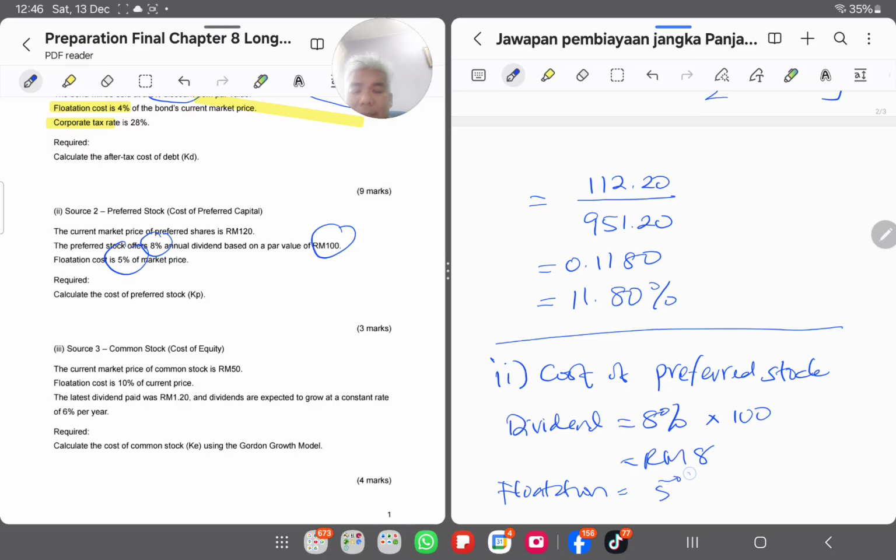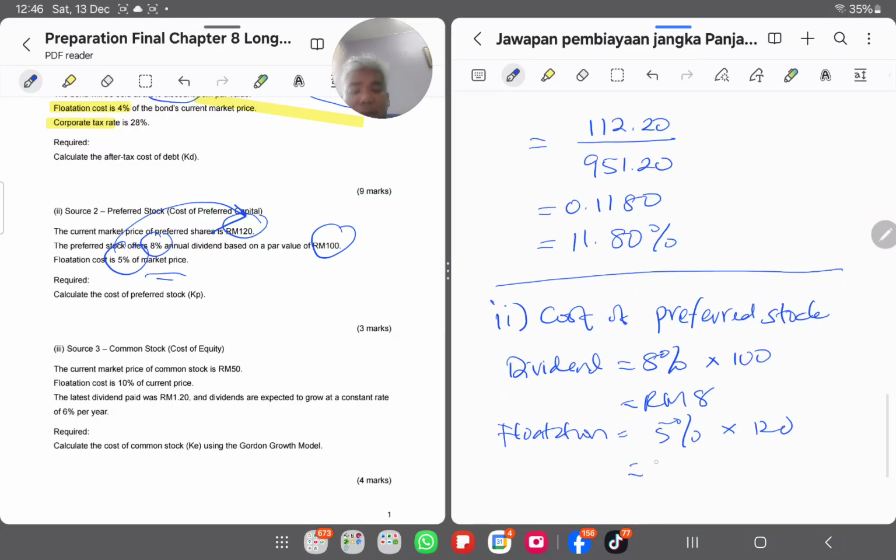So 5% times 120 ringgit, not 100, based on market price, is equivalent to 6 ringgit.